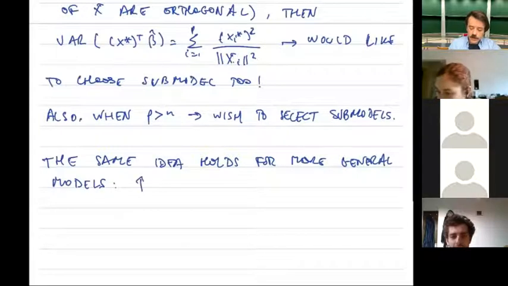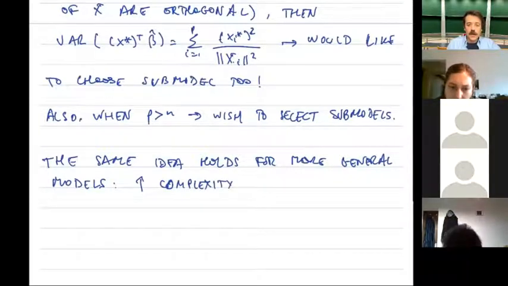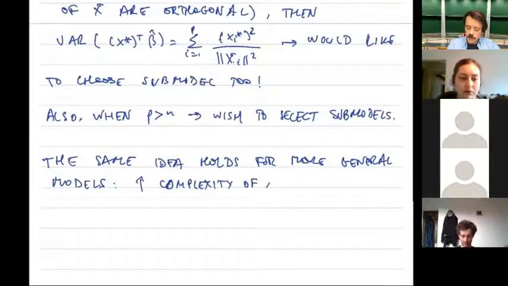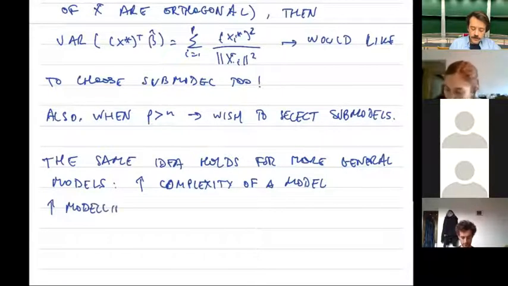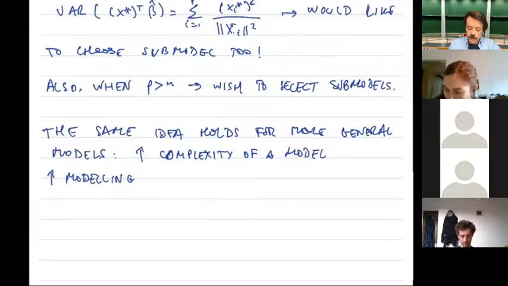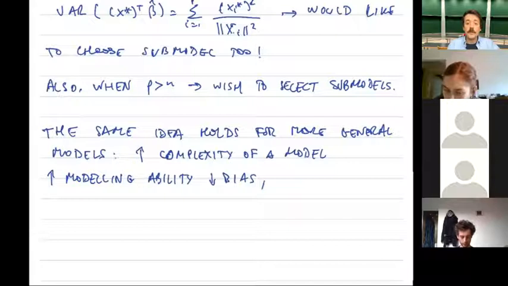And the idea is simple. The more complexity of a model, the more modeling ability. I mean, this is not exactly right always, but generally you would think this. The more modeling ability, and this will mean lower bias. But also what will happen is that the difficulty of estimation increases.